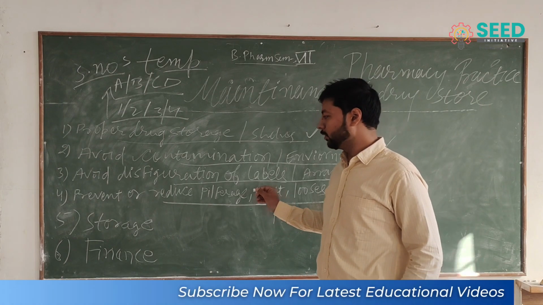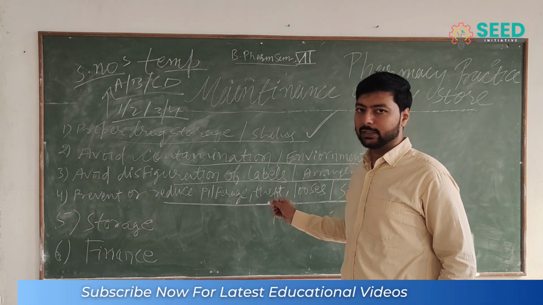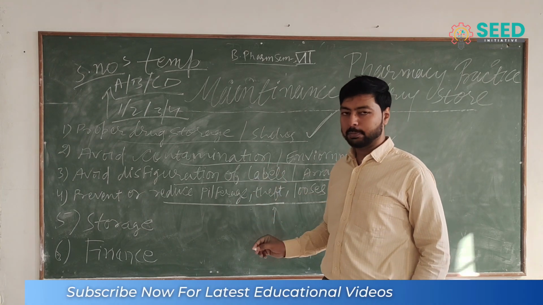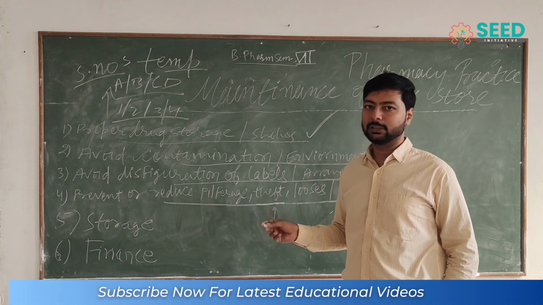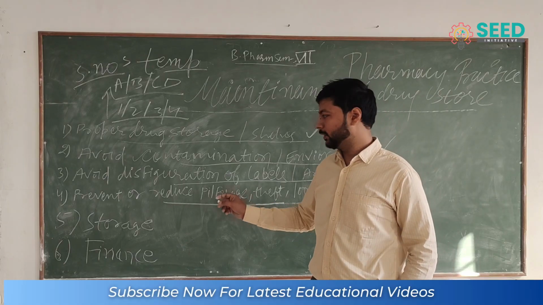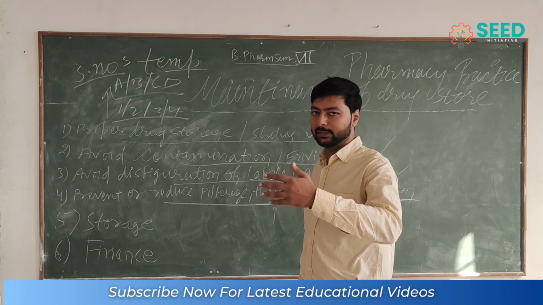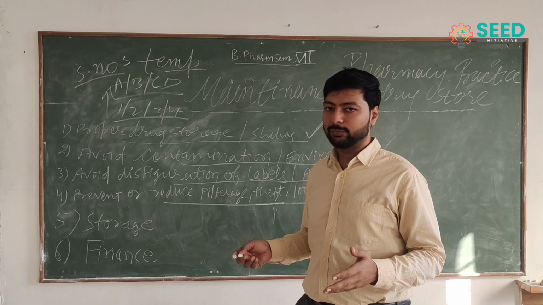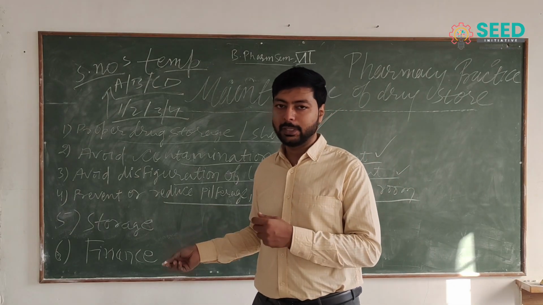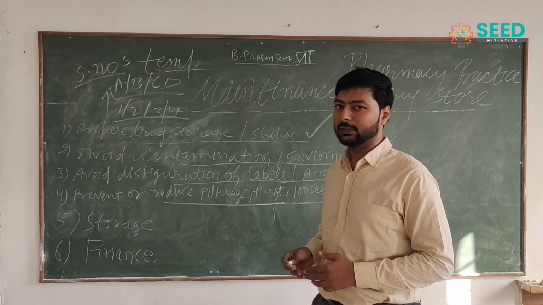Sometimes it is also useful when the drug is expired. Suppose paracetamol is expired, so it is also shown in the computer that among lakhs of strips, 100 strips have expired, so just discard those strips.